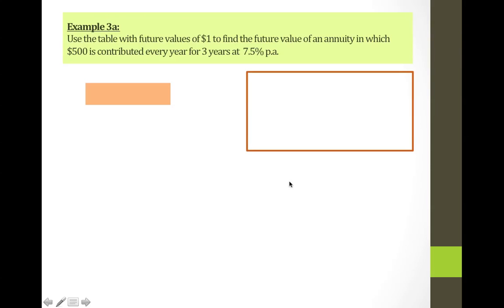Let's look at example 3a. You're going to use the table of interest factors to calculate the future value of an annuity in which $500 is contributed every year for 3 years at 7.5% per annum. The formula we use is FV equals M times I. FV stands for future value.